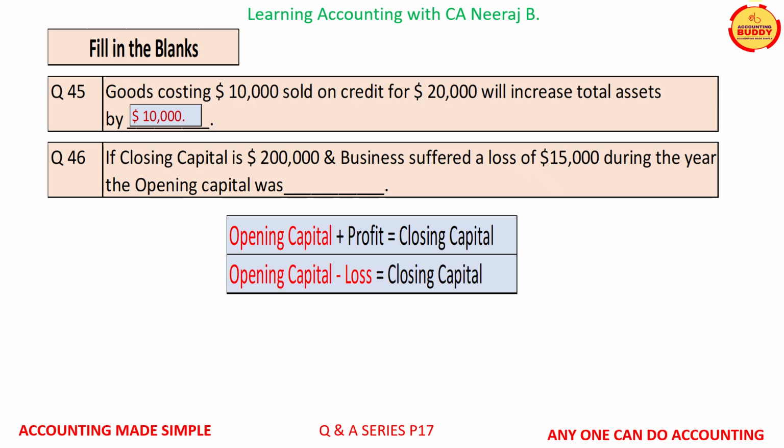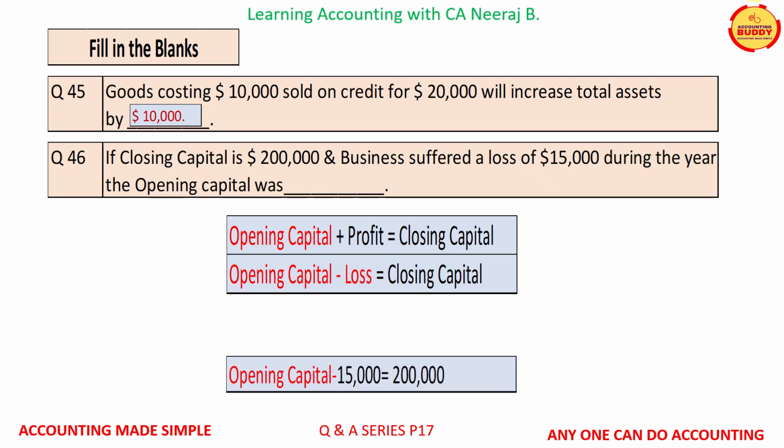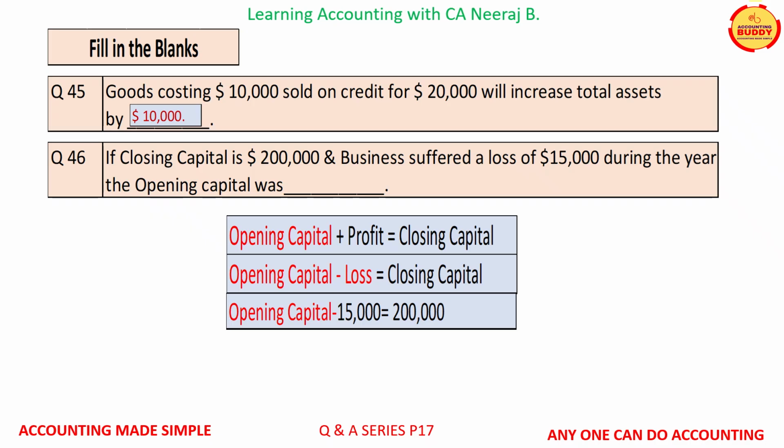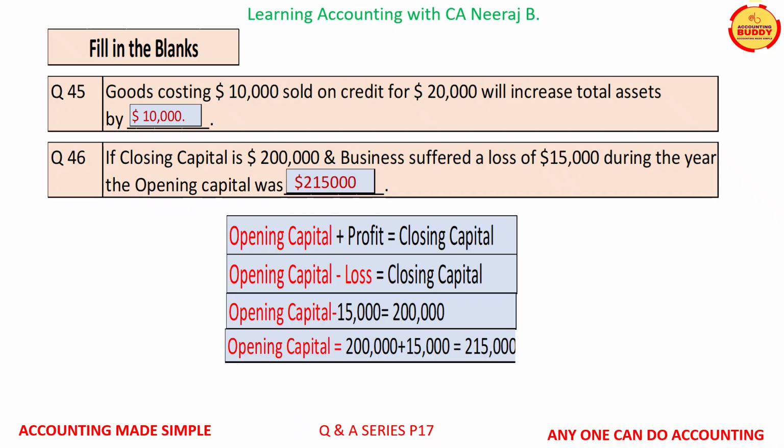Now by putting the given information in this equation, we will have a revised equation as displayed on your screens. Opening capital minus 15,000 loss is equal to $200,000 of closing capital. Therefore, opening capital is equal to $200,000 plus $15,000 is equal to $215,000. Therefore, the correct answer is the opening capital was $215,000.